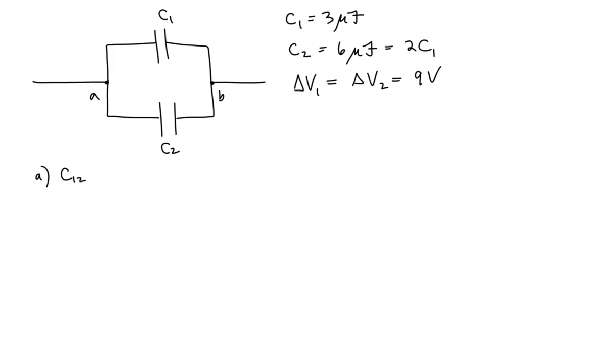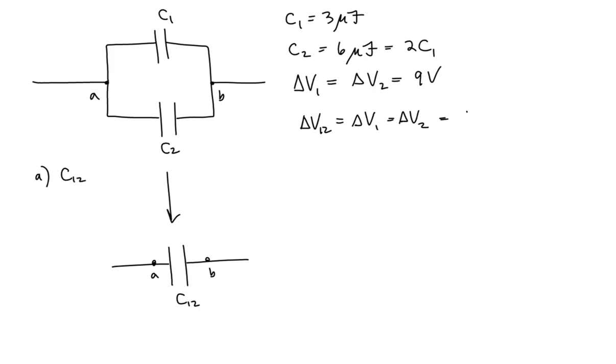Now we know that these two capacitors in parallel can be replaced by a single capacitor that we will call the equivalent capacitor. We know that the equivalent capacitor has the same potential difference as the other two capacitors, and that potential difference is 9 volts.